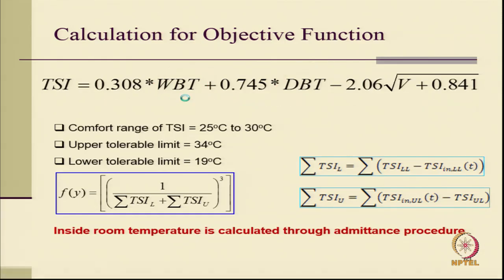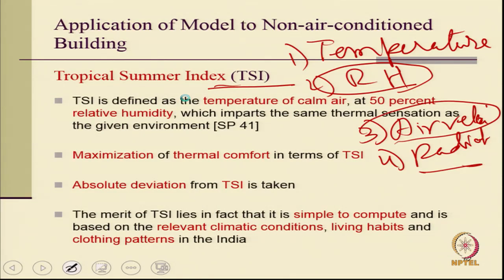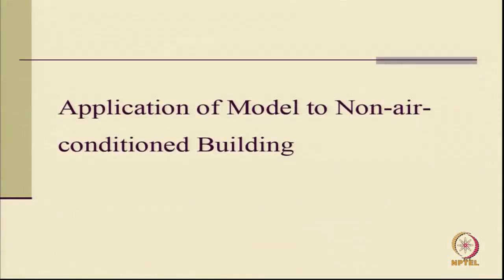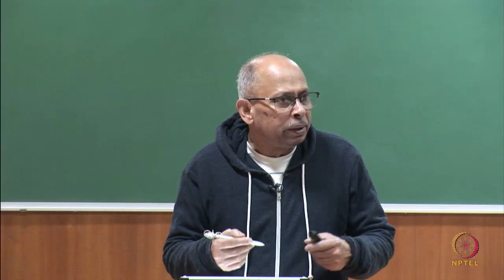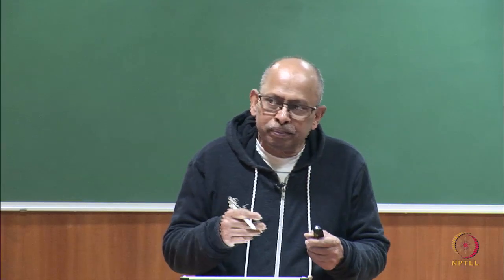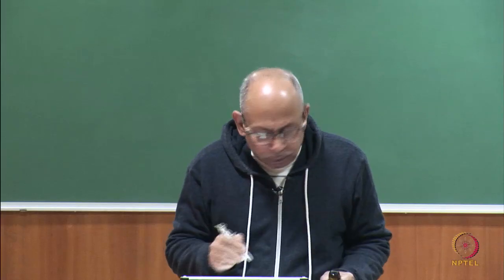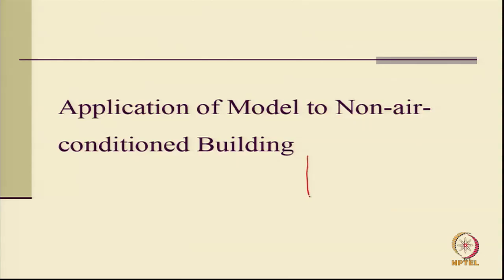Let me now explain what it actually is, because some of you may not have been exposed to a psychrometric chart or similar sort of thing. When we want to find out relative humidity, if I have a mercury thermometer and I measure the temperature, I call it dBT, dry bulb temperature.